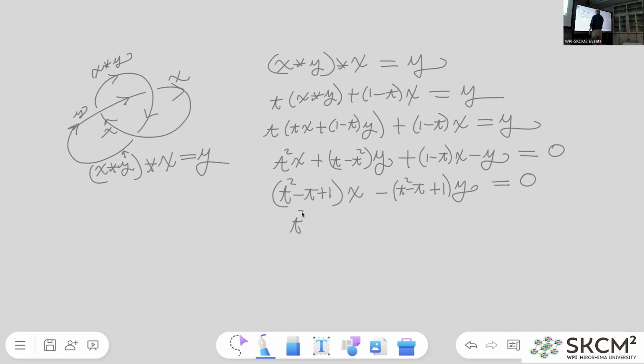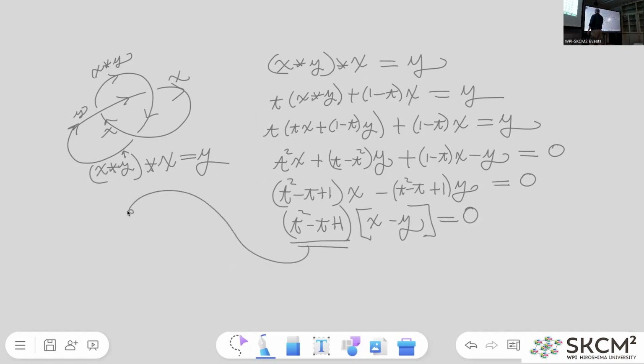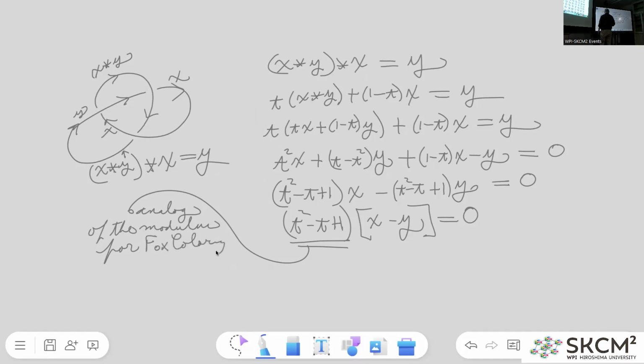Or t squared minus t plus 1 applied to x minus y is equal to 0. And you see, this is the analog of the modulus for box coloring, the coloring, the 2b minus a coloring that we were doing before.